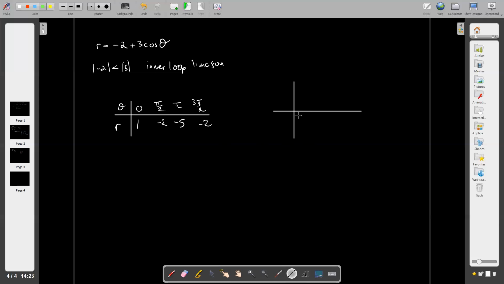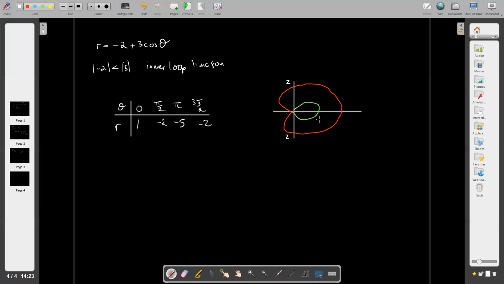So the inner loop part is the positive values of r, and then the outer loop is going to be the negative values of r. So something like that. So we've got 2, 2.